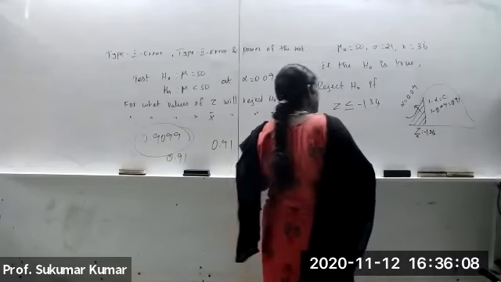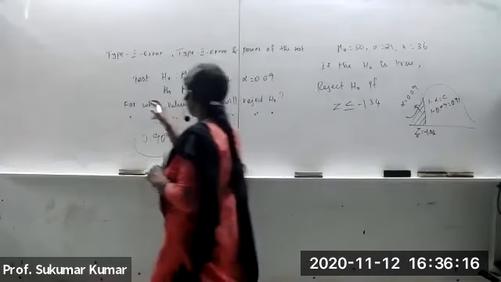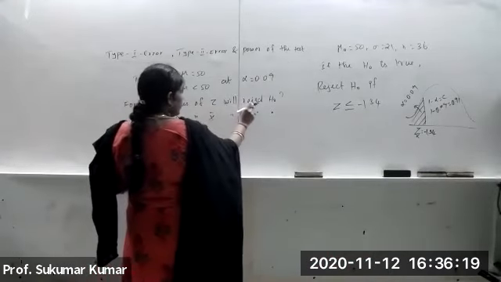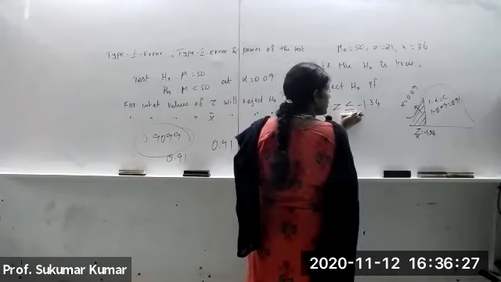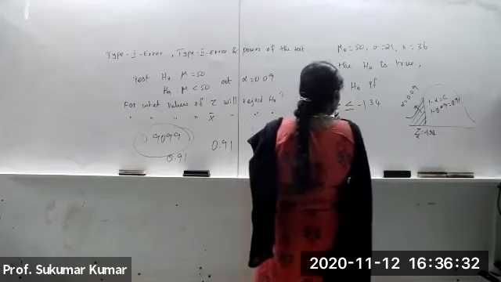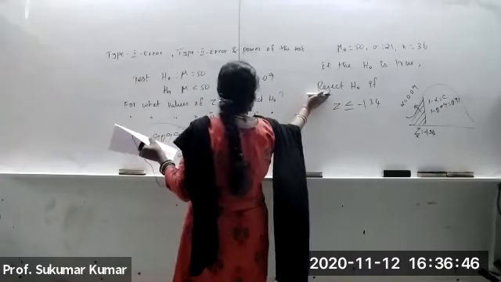The question asks for what value of Z we reject H naught. Reject H naught if our test statistic is less than or equal to minus 1.34. This value of Z we are rejecting H naught.